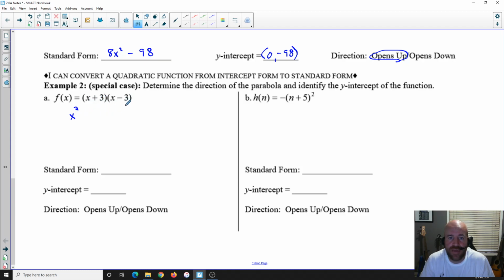So the middle term cancels out whenever you have opposite signs of the same number. So now we can just do 3 times negative 3, which gives us a negative 9. So standard form is x squared minus 9. The y-intercept would be (0, -9), and the parabola is going to open up because we have a positive 1 out front.